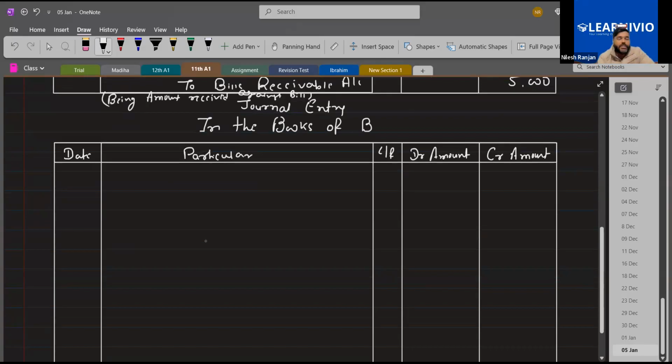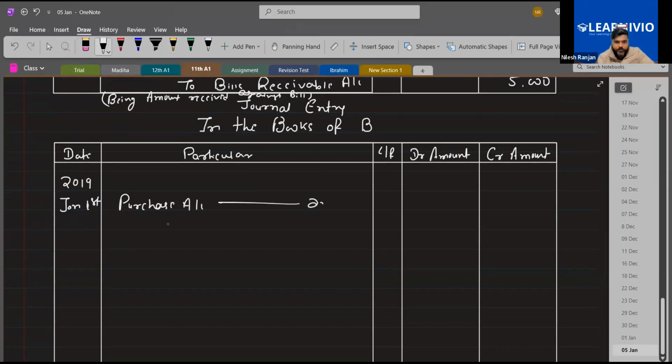Now, what will be the journal entry in the books of B? So for January 1st, B is the purchaser, buyer. So purchase account debit, input IGST.